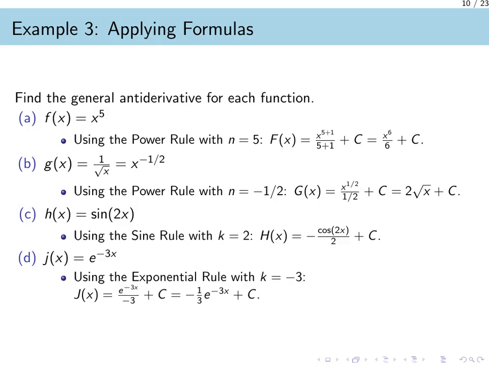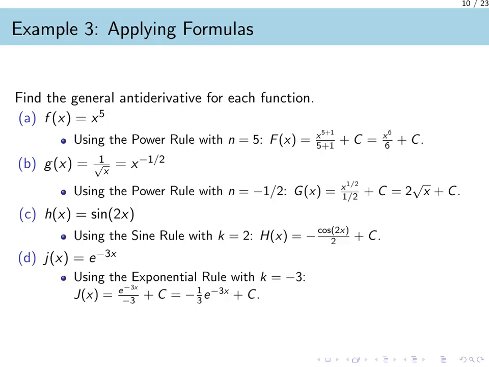For 1 over the square root of x, the crucial first step is to rewrite it as a power, which is x to the power of -1/2. Applying the power rule again, adding 1 to the exponent gives +1/2, and dividing by 1/2 results in 2 times the square root of x plus c.